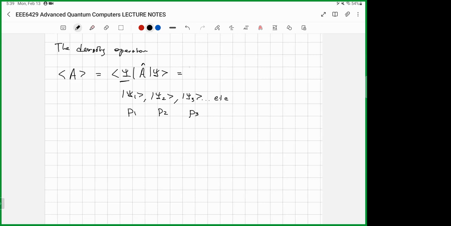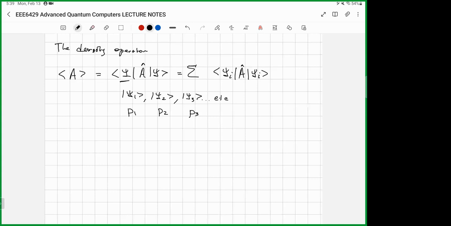So the natural way to generalize this would be to take a sum of these matrix elements, psi I, A, psi I, right?